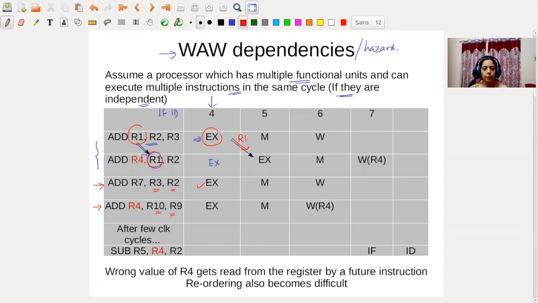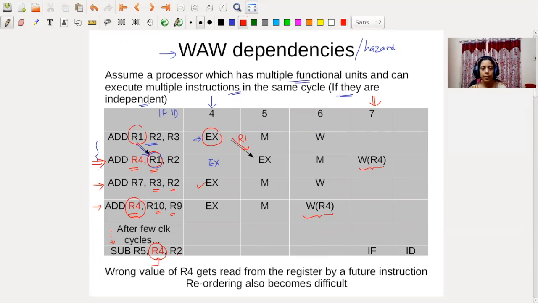So now let us see what happens here. There is an R4 here and there's also an R4 here. And let us say after a few cycles, you are trying to read the value of R4. Because we have delayed this particular instruction due to this R1 dependency, the write back of R4 is going to happen at this particular clock cycle 7. Whereas the write back for this particular R4 has already happened in cycle 6. So now which is the value of R4 that the sub instruction actually needs?